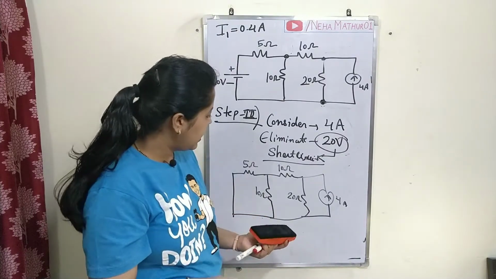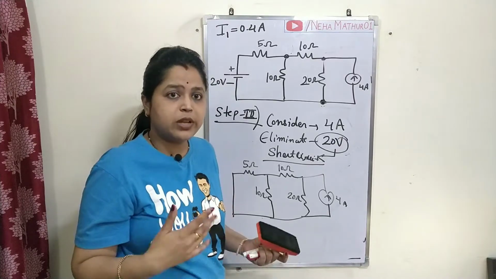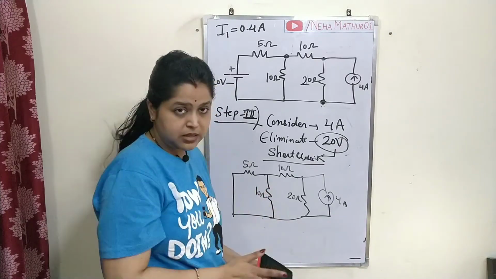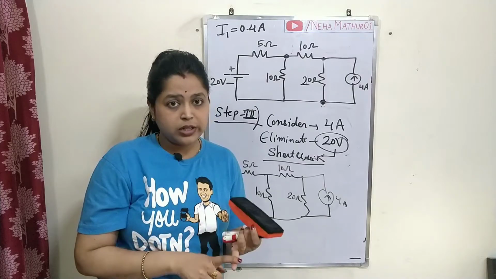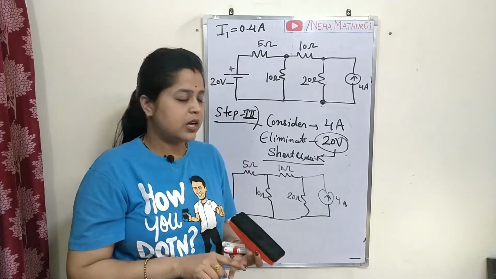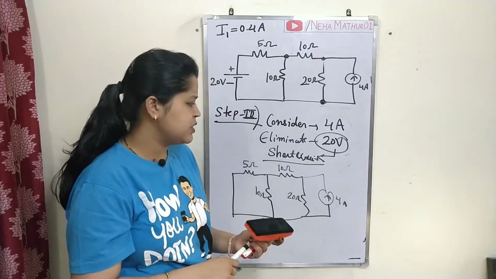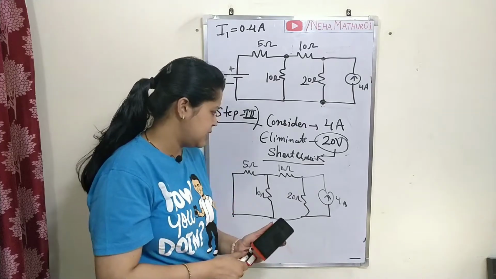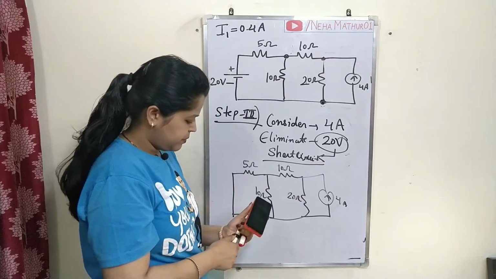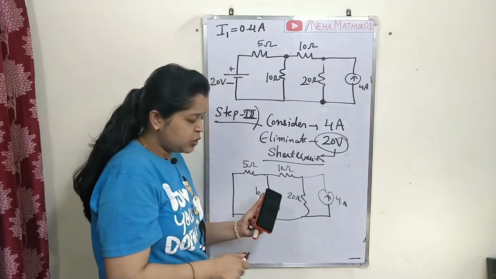See, now again you have several methods to solve that circuit. You can apply KVL or KCL, mesh analysis or node analysis, but I am just making it easier by considering 2 points.